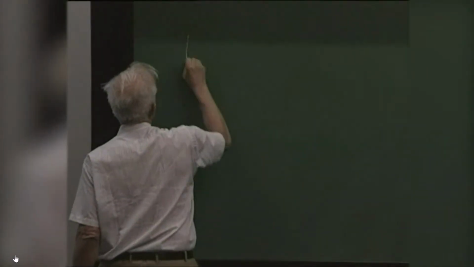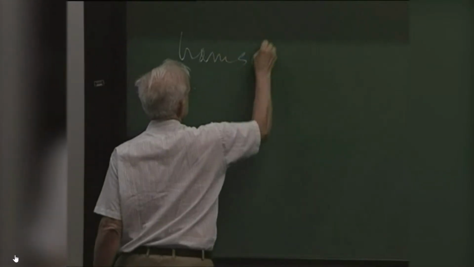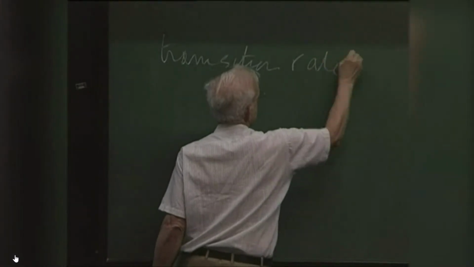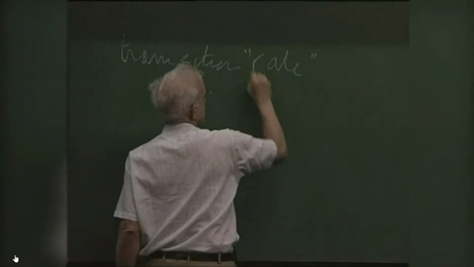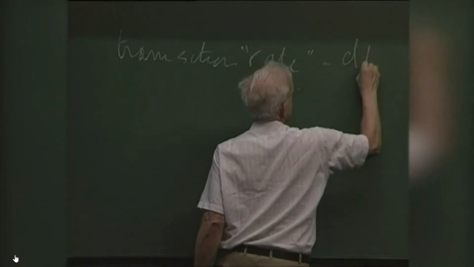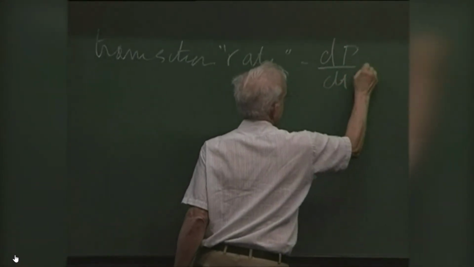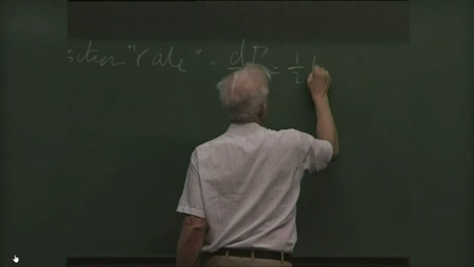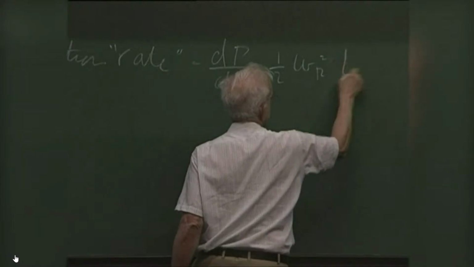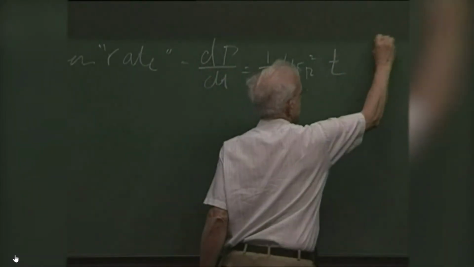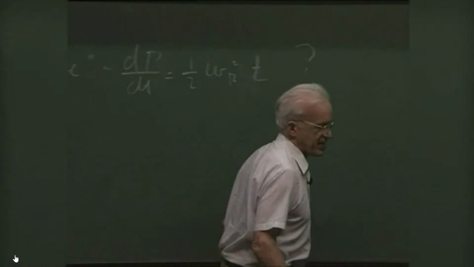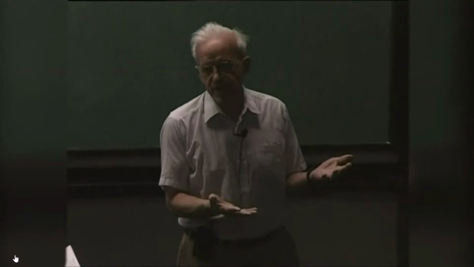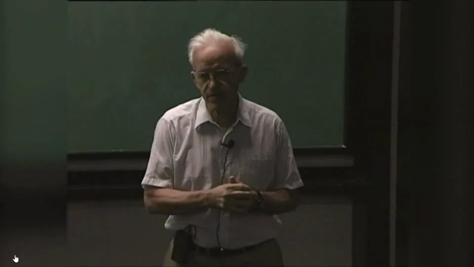So the transition rate, I'll put this in quotation marks, which is dp by dt, is going to be equal to 1/2 omega Rabi squared t. And the question is, why should the system behave like that? One knows that if you have a system and you apply radiation, it starts making transitions.